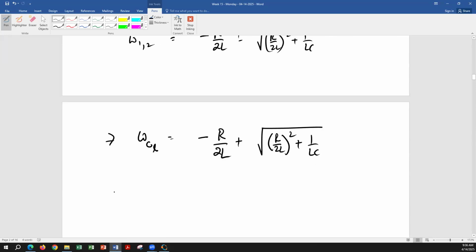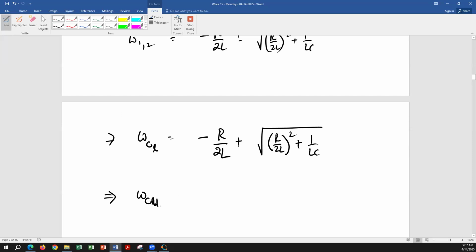So we can write down omega cutoff, let's write down upper first.